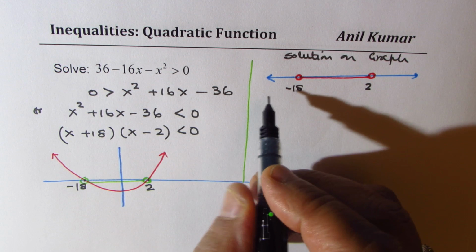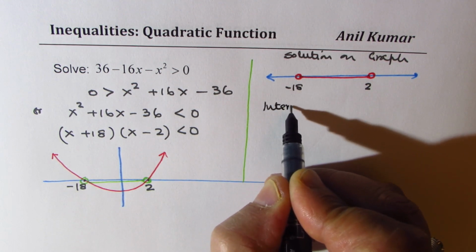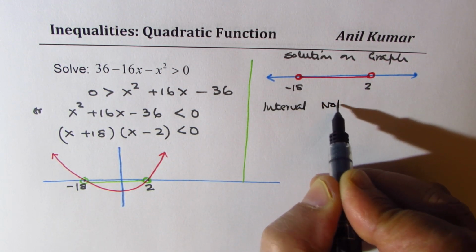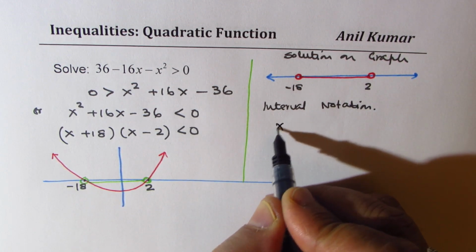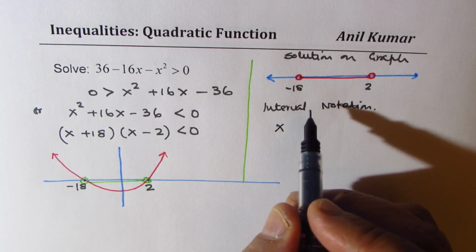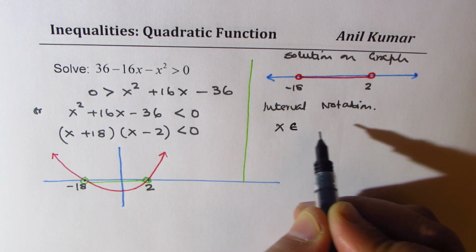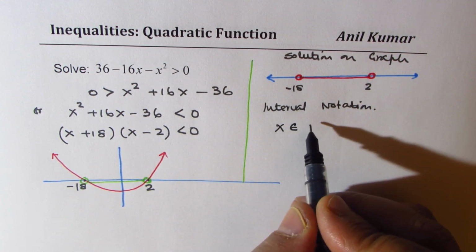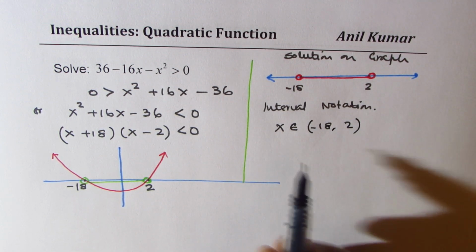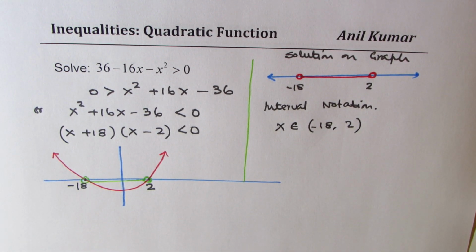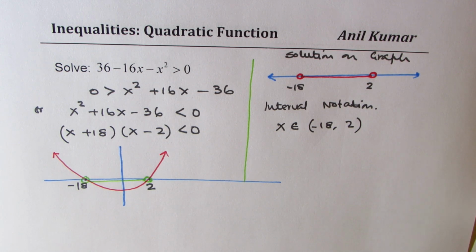Sometimes you may be required to write an interval notation. In that case, you will say x belongs to, between, not including, minus 18 to 2, not including. So these are different ways of answering this particular question, right?